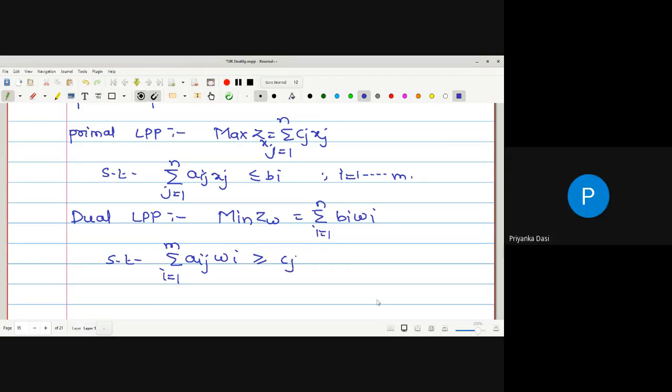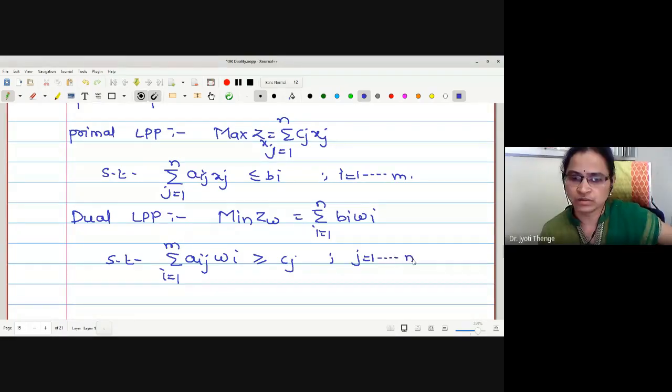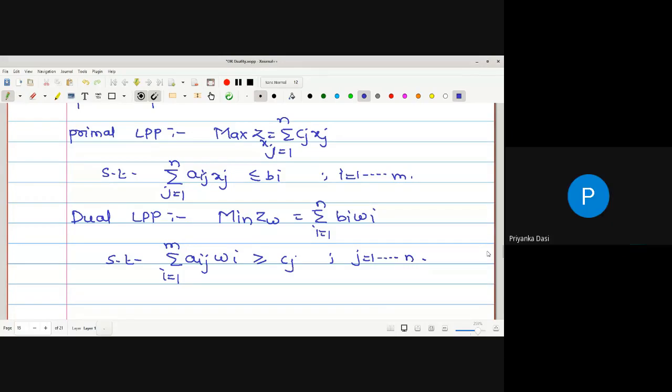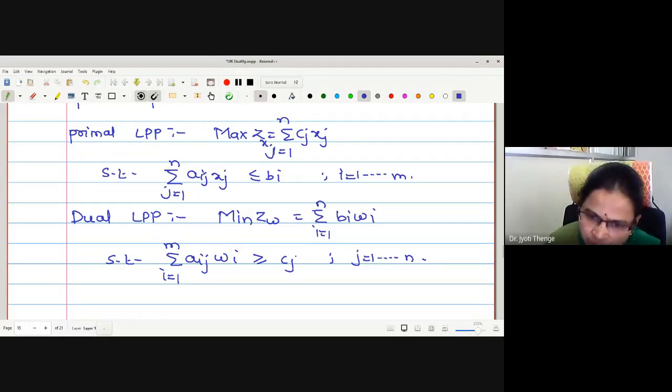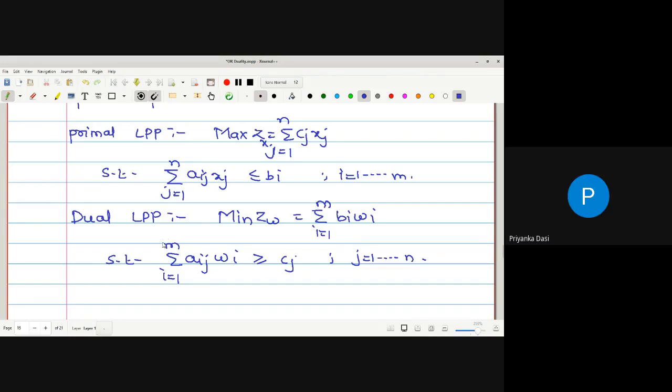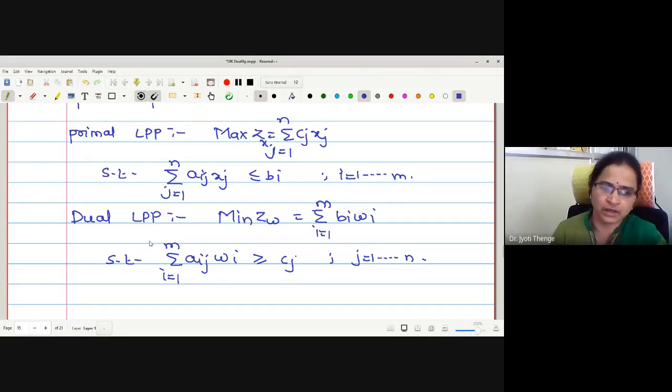And this is true for all j. Sorry, here it is also m. Dual variables are m in number. Therefore, it is m. This is the primal and dual LPP we have written.